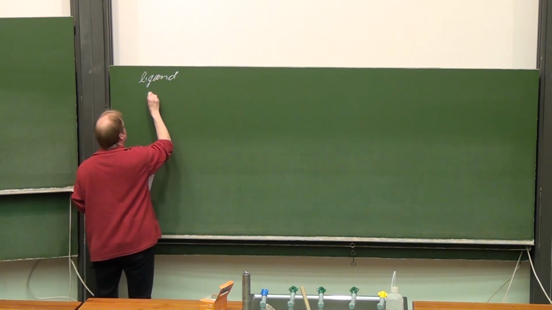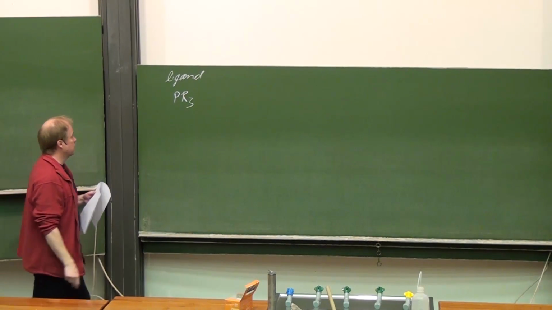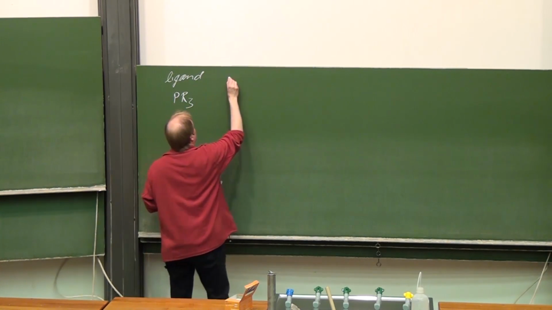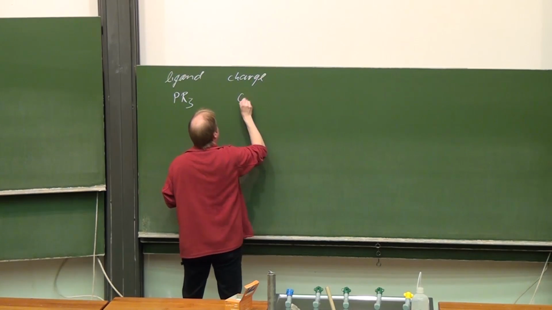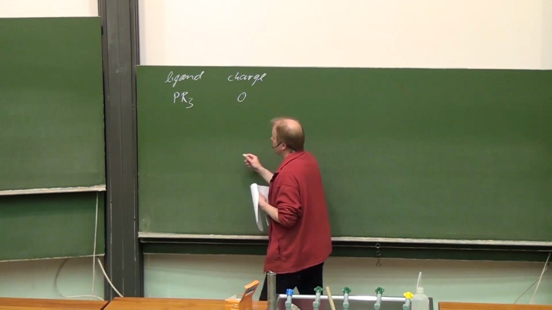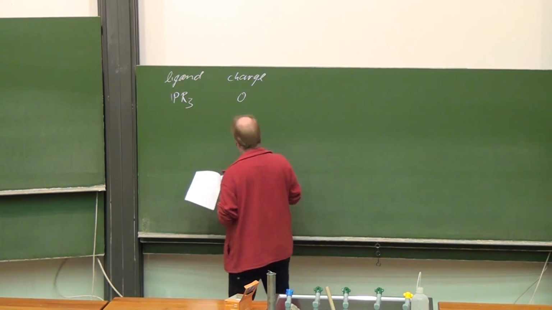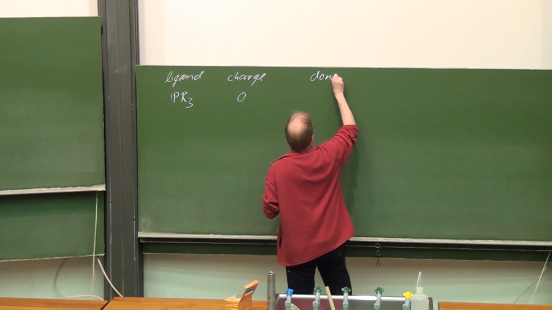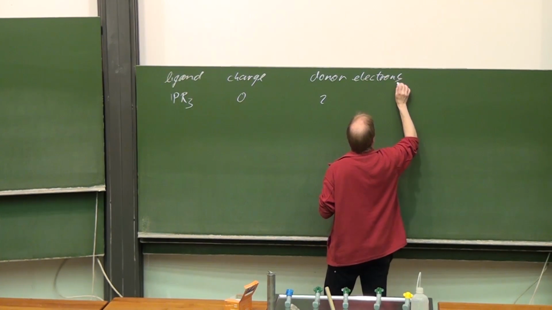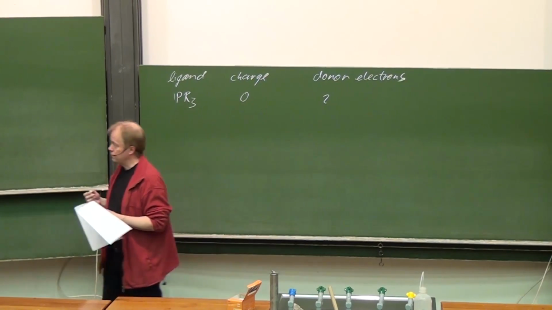A phosphine ligand, with 3 substituents, has the charge of 0, but with a free electron pair at the phosphorus, we have 2 donor electrons, which are donated to the formation of the complex.